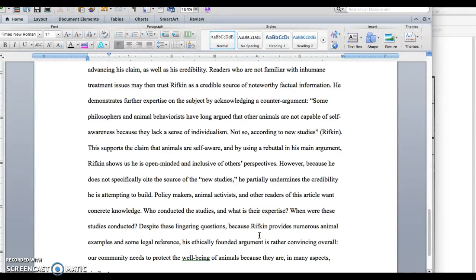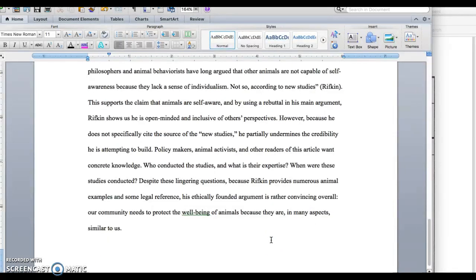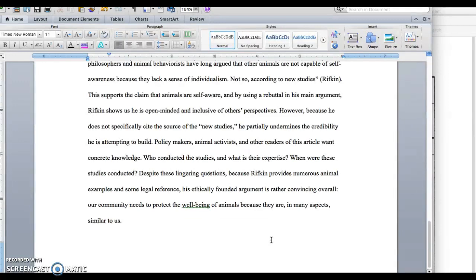However, because he does not specifically cite the source of the new studies, he partially undermines the credibility he is attempting to build. Policymakers, animal activists, and other readers of this article want concrete knowledge. Who conducted the studies and what is their expertise? When were these studies conducted? Despite these lingering questions, because Rifkin provides numerous animal examples and some legal reference, his ethically founded argument is rather convincing overall. Our community needs to protect the well-being of animals because they are, in many aspects, similar to us.